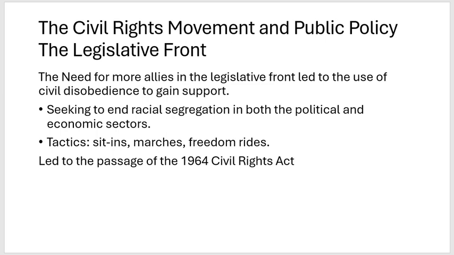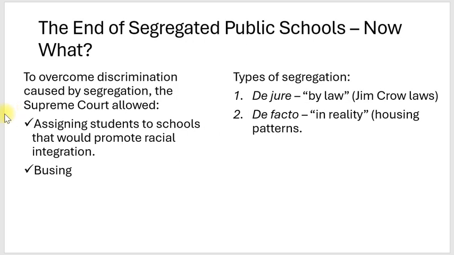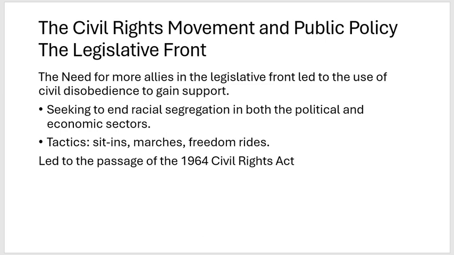Now, in this, you can see that the Supreme Court has made lots of inroads with respect to how individuals are being treated, and they've done that through the courts. They also, at the same time, took a legislative approach. And as things began to change, and as they got more allies on the legislative front, and they began to use civil disobedience to gain support, they tried to end racial segregation that way as well.